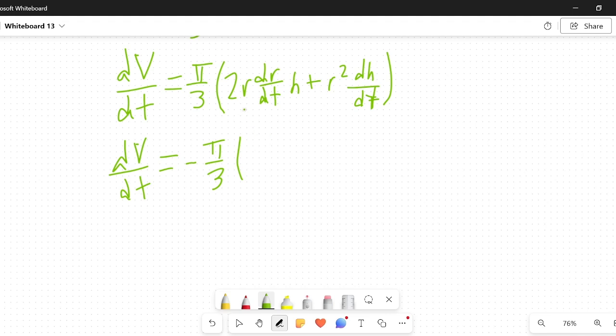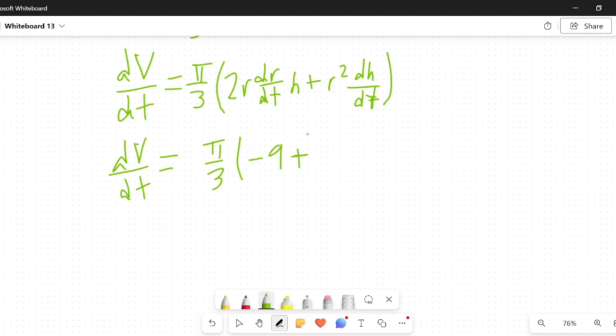So 2r is 3, multiplied by 3, so this is going to be 9, multiplied by dr over dt. Because the height is decreasing at a rate of 2 meters per second, the radius is also decreasing, at negative 1 per second, because the radius is always half of the height. So it would be negative 9 plus, oh, I don't know why I put a negative out here. There's no negative. It's just regular.